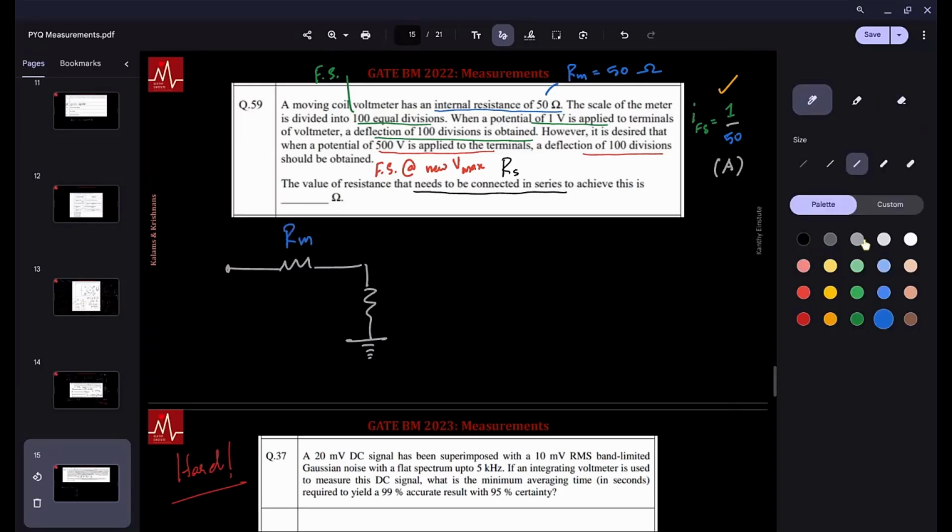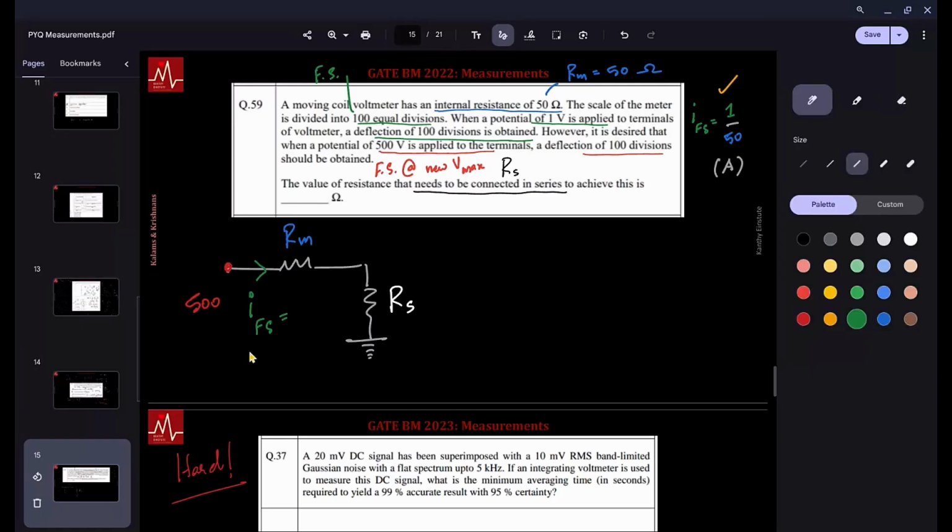RM, and I'm going to put an R shunt, so that now with my 500 volts I get full scale deflection. That means my current here is full scale, which I just found out to be 1 by 50.